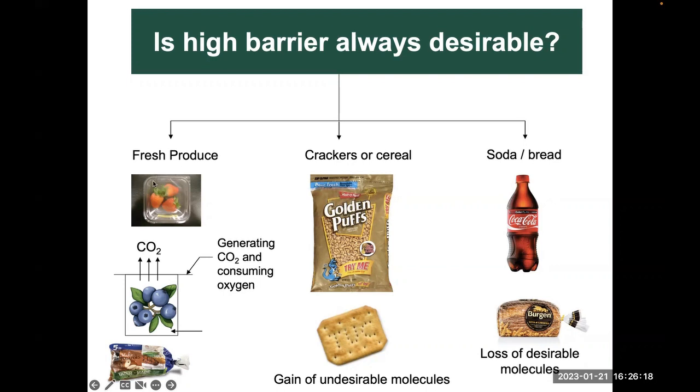What's going on is this fresh produce is live. That means it's breathing. After harvesting, these produce consume oxygen from the environment and they release carbon dioxide. So to survive, they need to breathe oxygen. If we completely seal a package like you see right here, initially you would have oxygen present inside the package in the headspace.